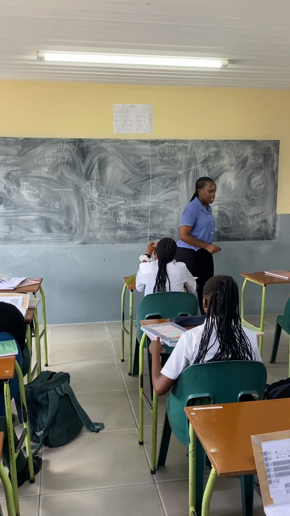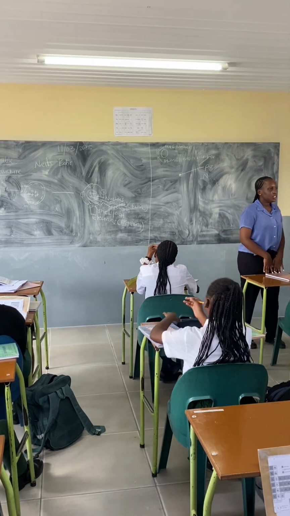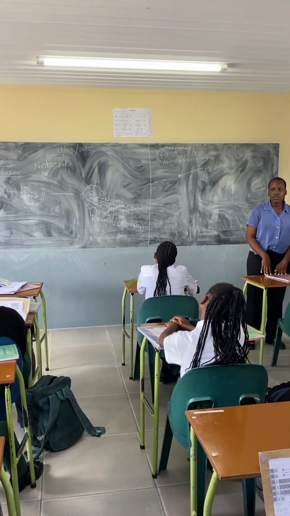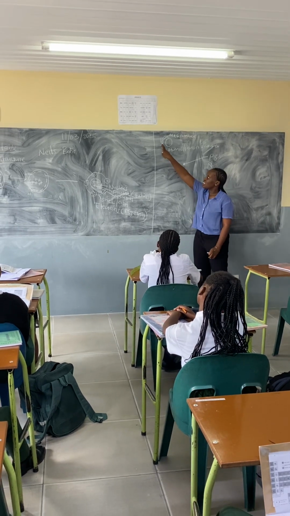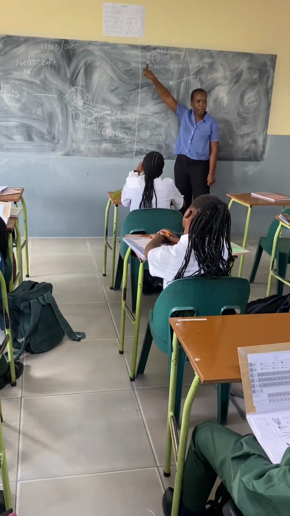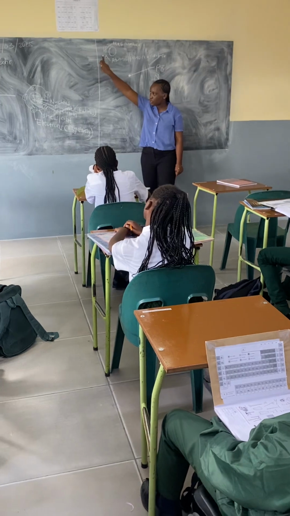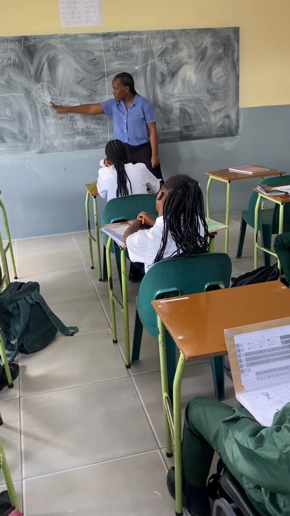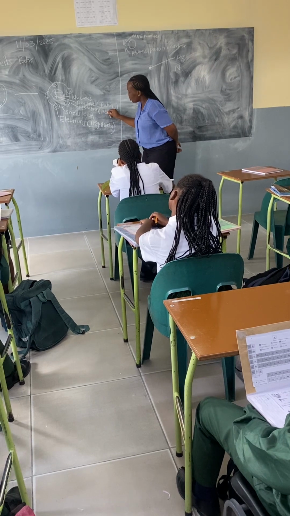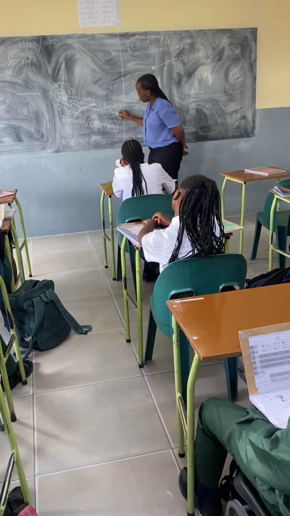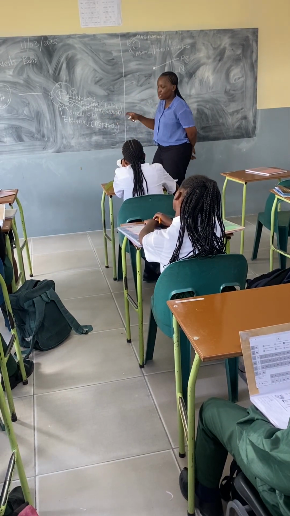Capital N represents neutron. And how do we find that neutron? We find the difference between these two numbers. The neutron, which is still in the nucleus, is neutral. The particle that is neutral is a neutron.